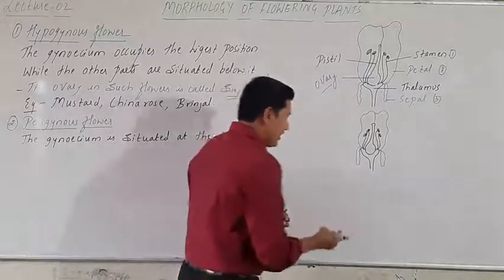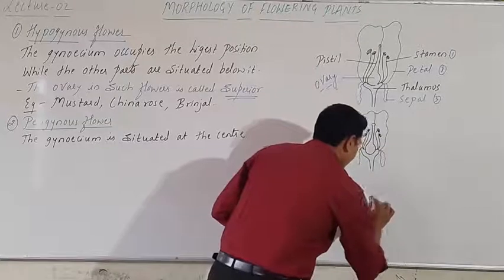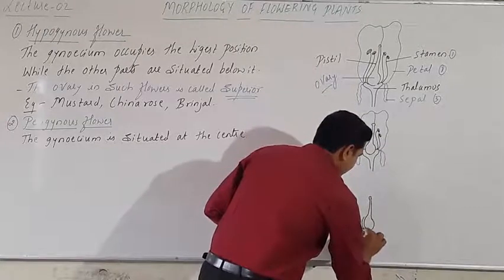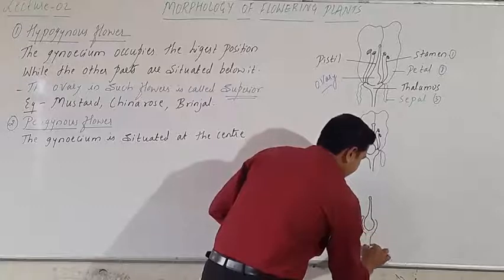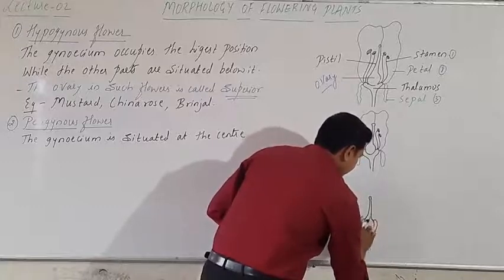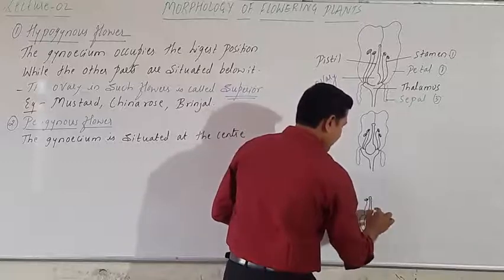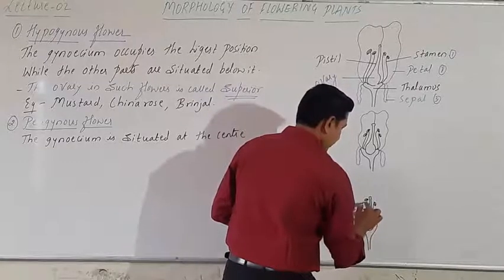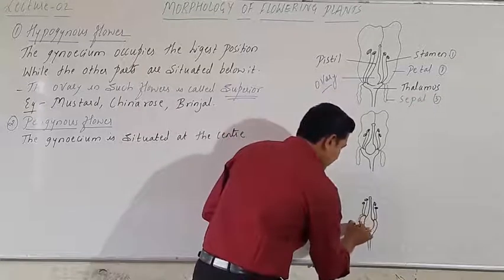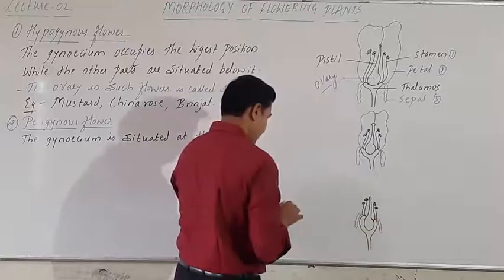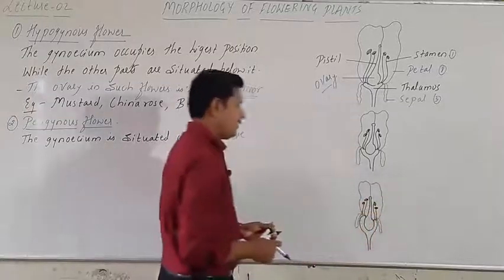So how is it? Let's see the diagram. Now this is the ovary. Now here we have the thalamus, and on the lower side here we have the sepals, then followed by the petals.